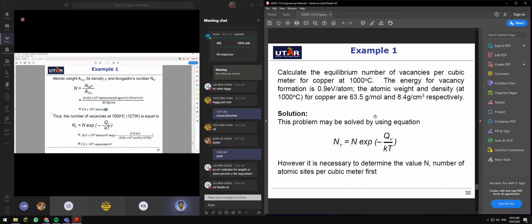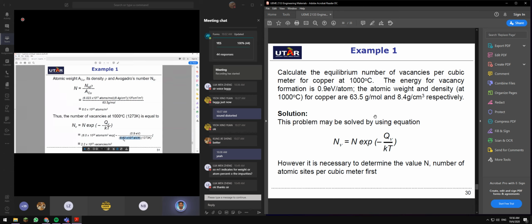Therefore, for the number of vacancies at 1000 degrees Celsius, convert 1000 degrees Celsius to Kelvin, which is 1273. So N is your number of atoms, times exponential of minus QV, which is 0.9 given here, the energy required for vacancy, divided by k, your Boltzmann constant.